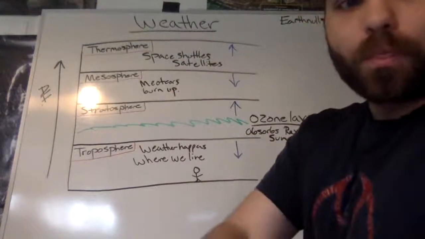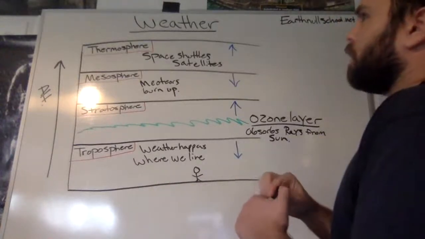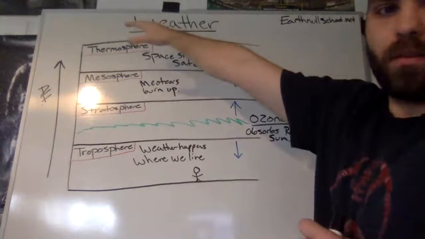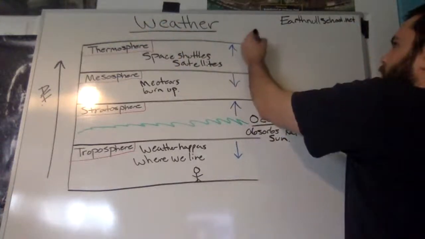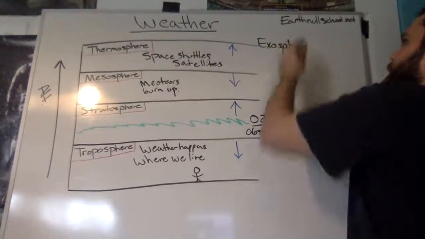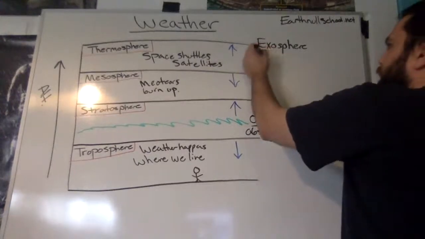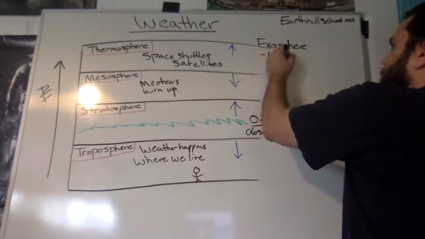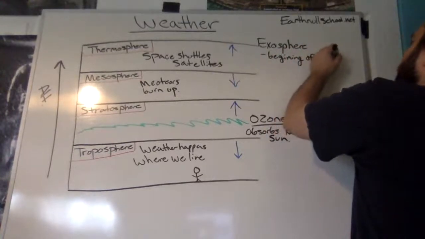Now, the one other thing that you have to know is this one line. This line is called the exosphere. Basically, this is the beginning of space.